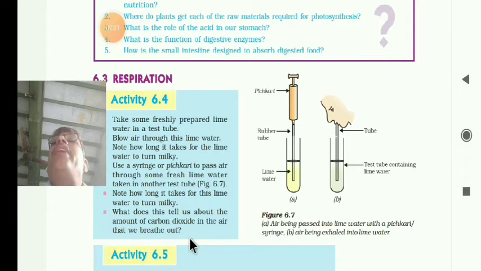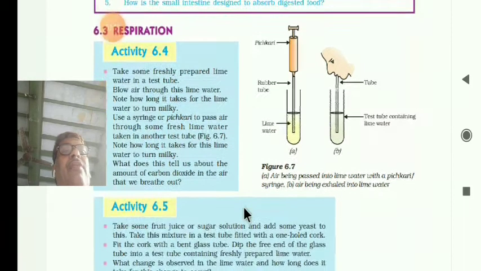This tells us that the air we breathe out contains much more carbon dioxide than that present in the air. So in this way, this activity tells us.